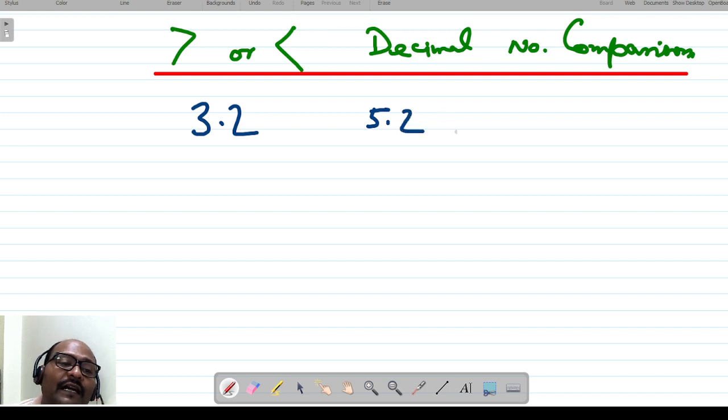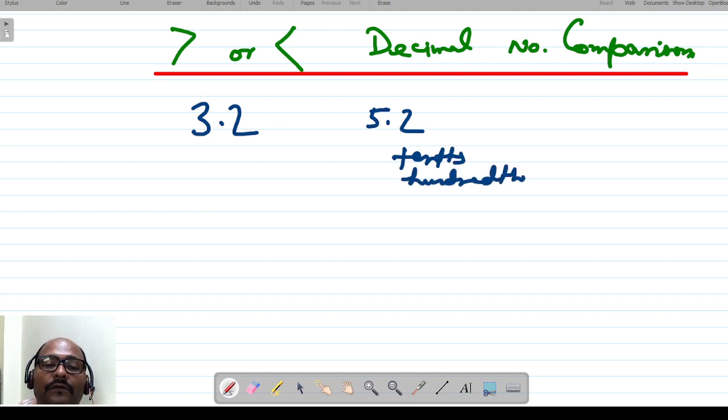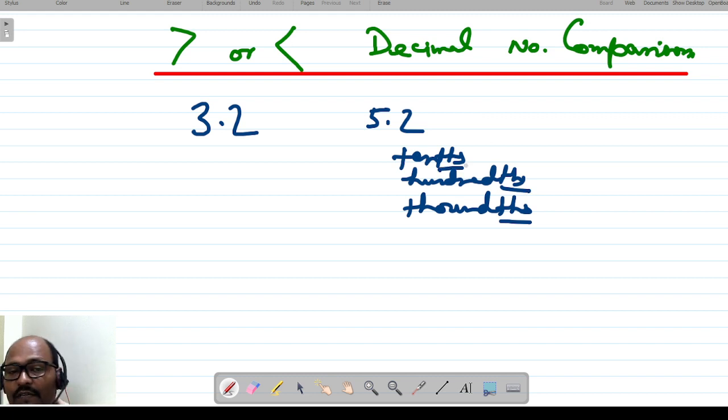5.2. So here there is no need to go after the decimal into the tenths, hundredths and thousandths. The last suffix is ths, right? Please mind it, as I mentioned in my previous video regarding the decimal concept, you can easily understand the concept of tens, hundreds and thousands.